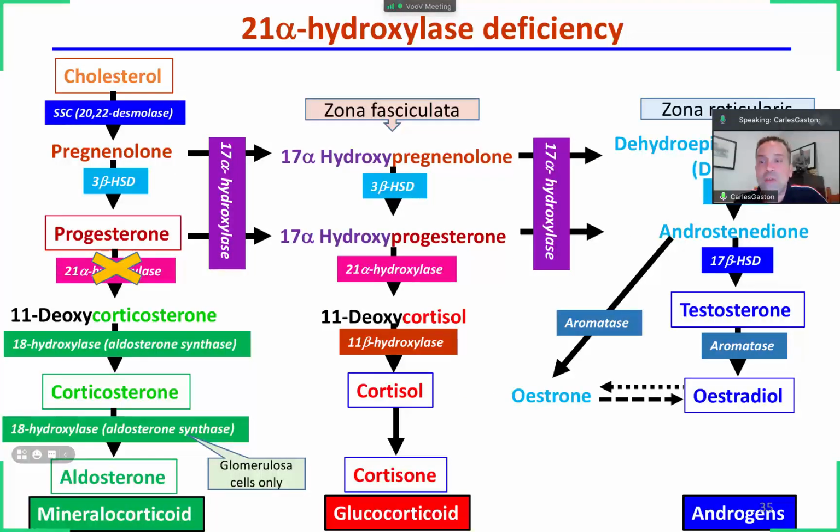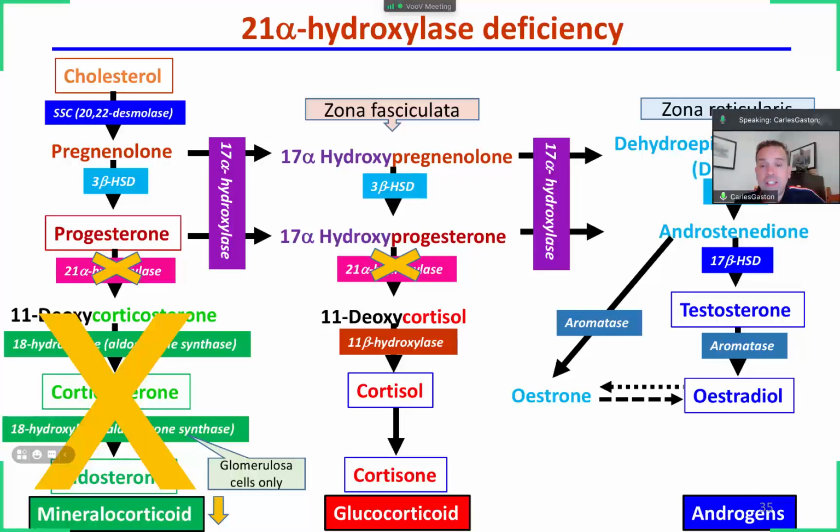So let's say that we don't have enough 20-alpha hydroxylase because there is a mutation in this gene or because there is lack of this gene, of this protein or enzymatic activity. It will not produce corticosterone or aldosterone.